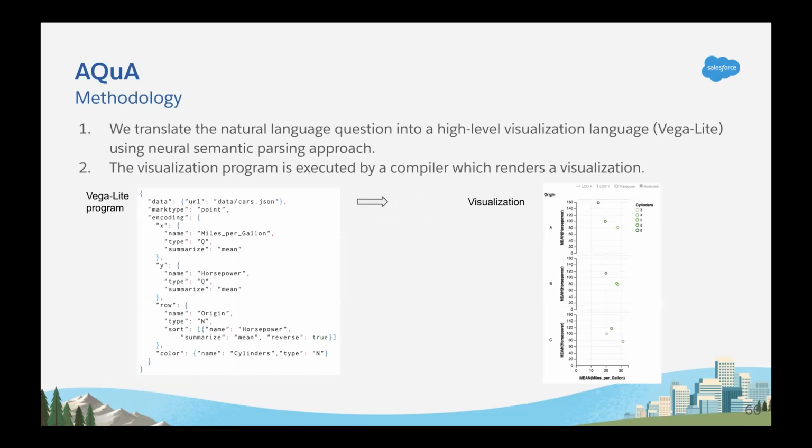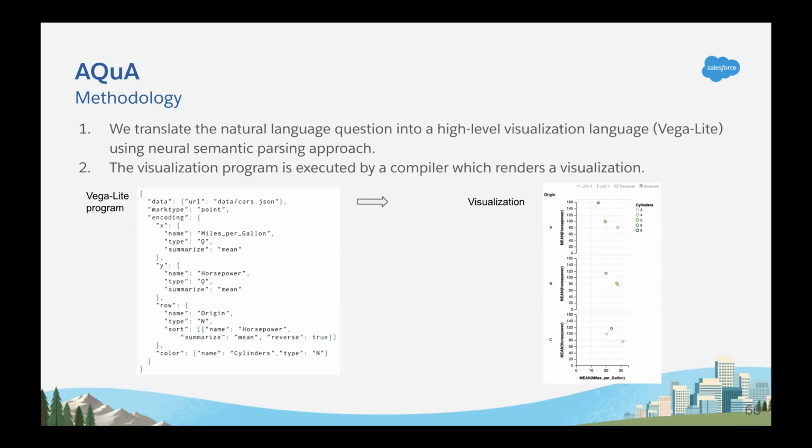So we collected a dataset called Aqua, and we chose a high-level visualization language, Vega-Lite. The goal is to use a model to translate a natural language question into this Vega-Lite language using neural semantic parsing.